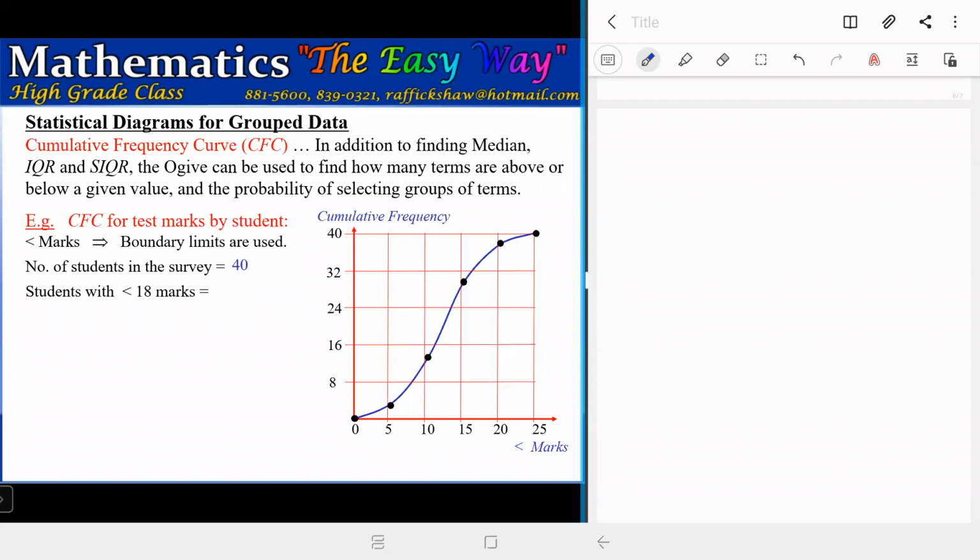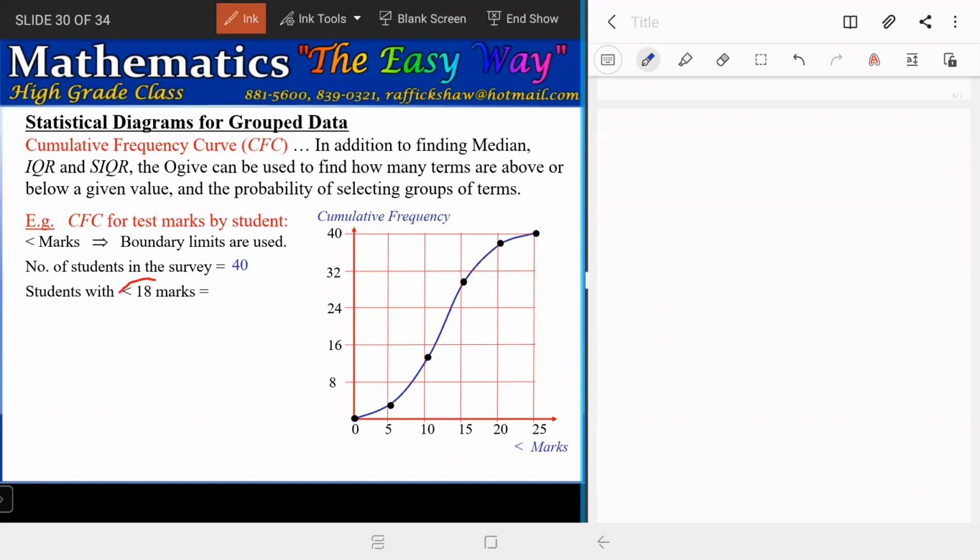So I can find how many students scored less than 18 marks. What can I do? Sir, you put in the 18 marks on the X axis, sir. Let's find 18 down here. Because the graph is already showing me how many students score less than any marks.